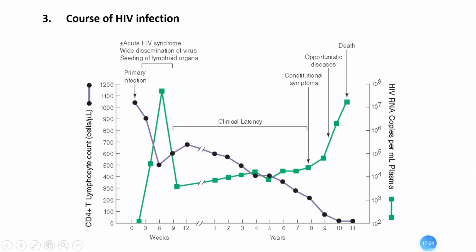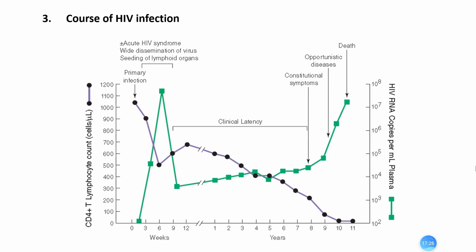Okay, you want to remember this picture, this graph. It's the course of HIV infection, and let me explain it to you. The x-axis is the time, but you should keep a look on this.